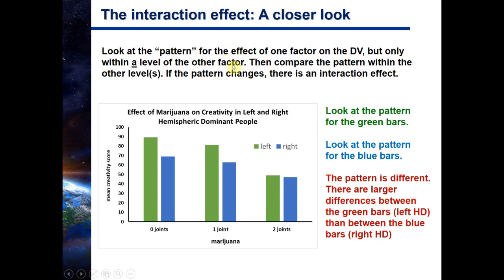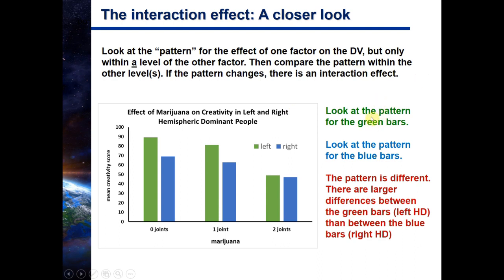Once you've established what's going on there, once you've got a sense of what that pattern looks like, you compare it with the pattern for the other level. So you look at the effect of marijuana, this time on the right, and see if the pattern changes from what you saw for the left. If the pattern changes, we have an interaction effect, and if it doesn't, then we don't.